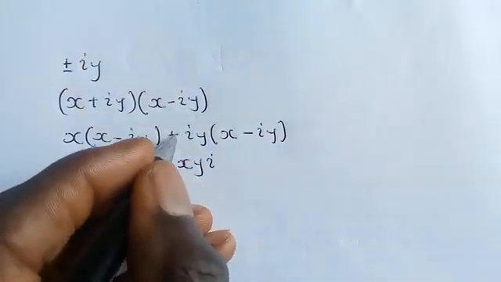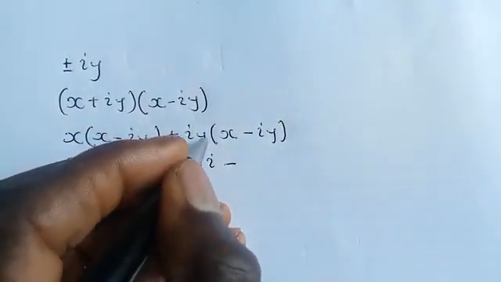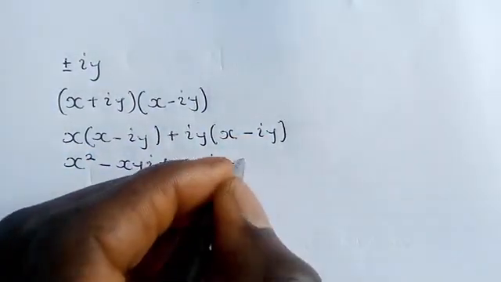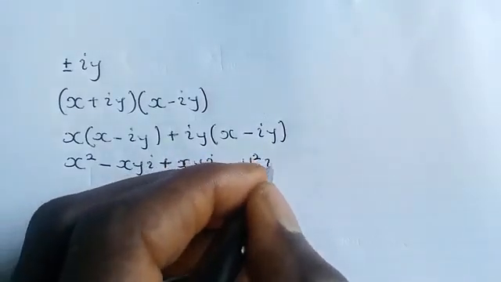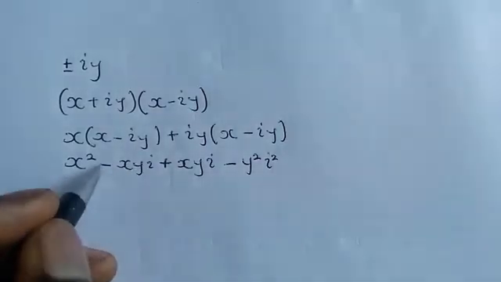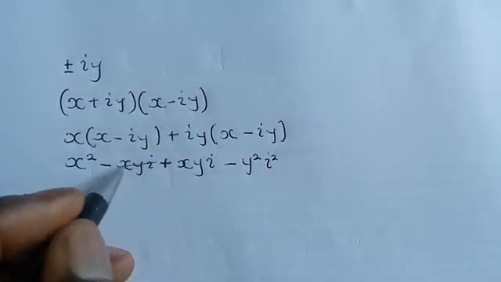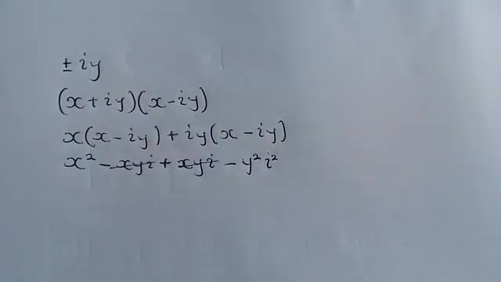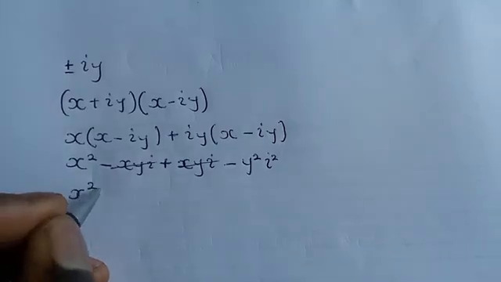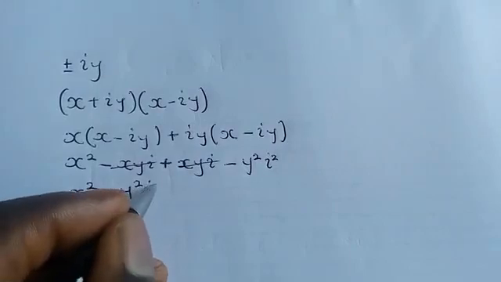Then lastly, we have plus times minus giving us minus iy multiplied by iy, we are going to have y squared i squared. So when you look at this, this is negative xyi, this is positive xyi. So these two will cancel out, and you are left with x squared minus y squared i squared.